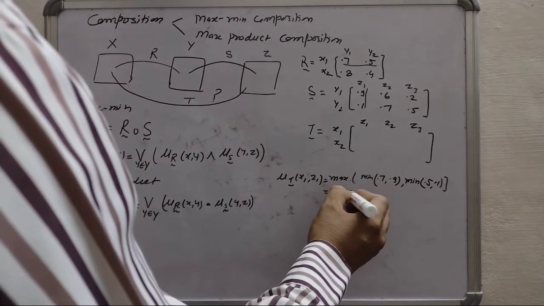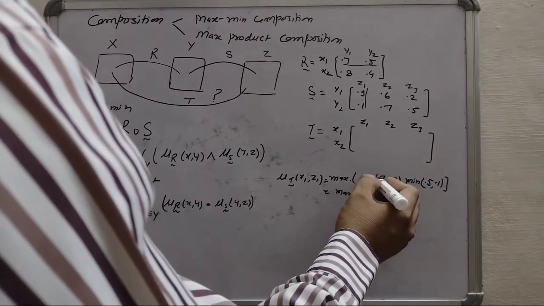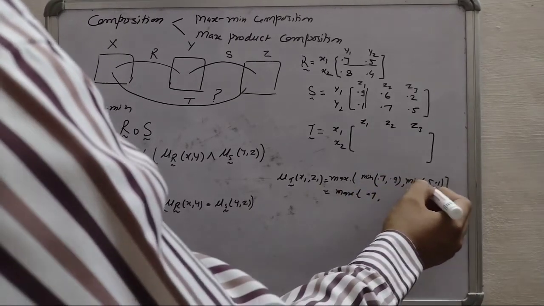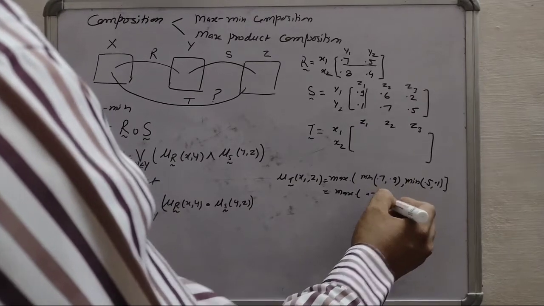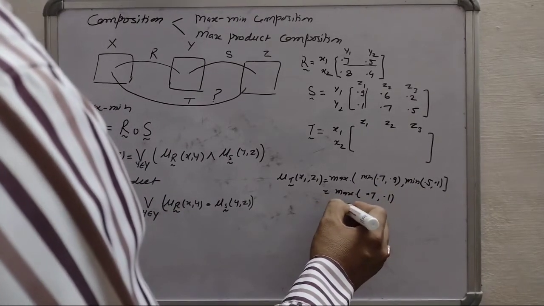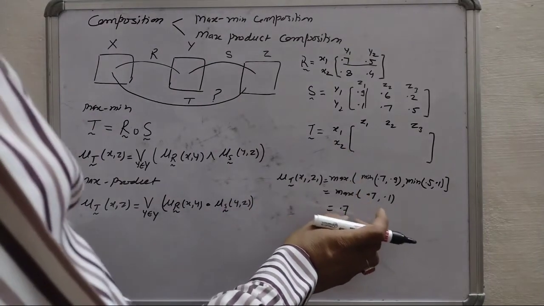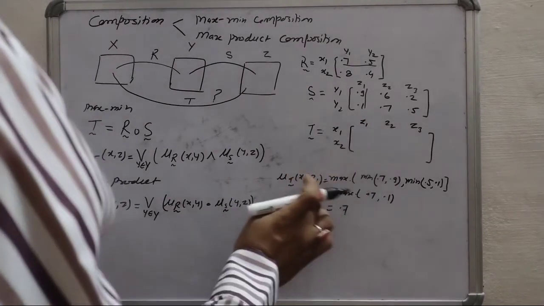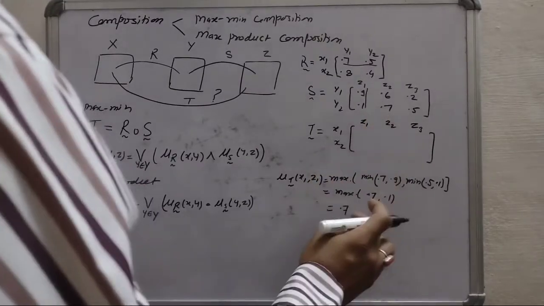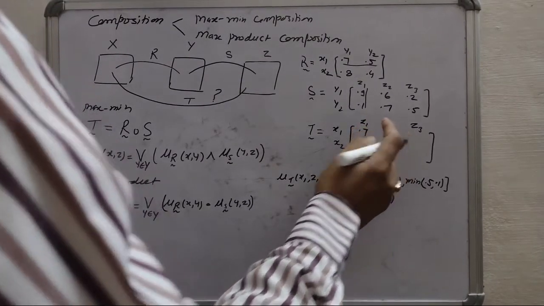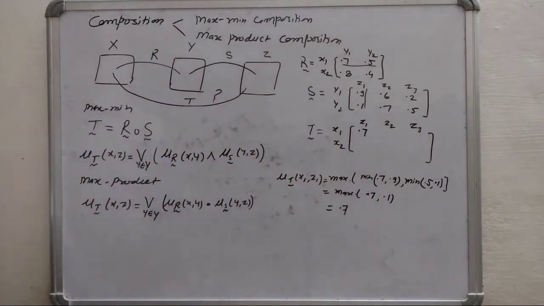Then it will be maximum of, here it is minimum 0.7 and here it is minimum 0.1, and here maximum is 0.7. So we got the membership value of the first element x1 z1, it is related to 0.7, means relation strength is 70%.